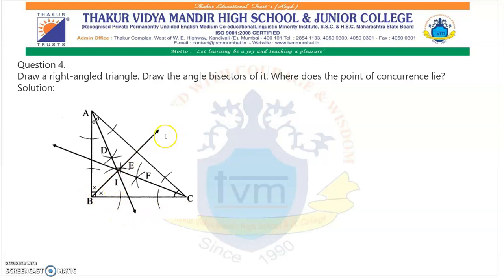Draw the angle bisector of angle B. Then draw the angle bisector of C. Draw the angle bisector of angle A. We see that all the bisectors meet at point I. We name it as I.